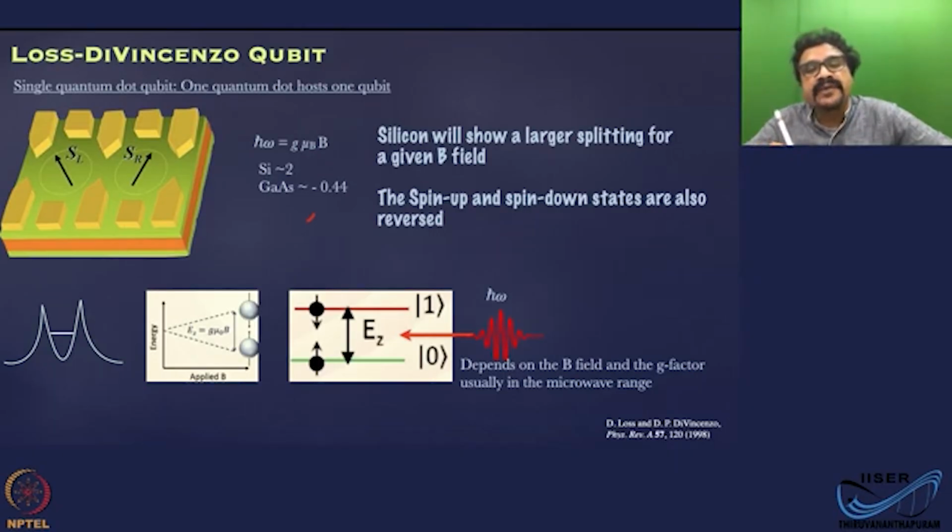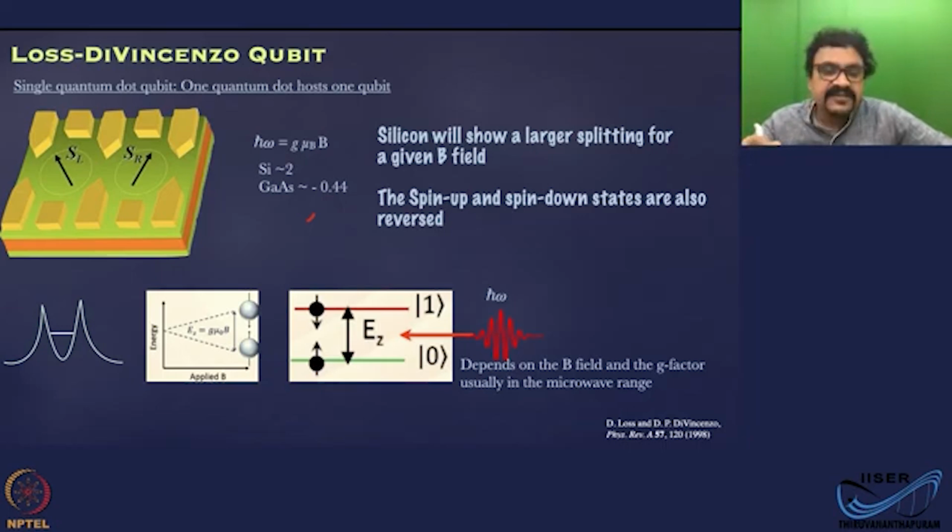And the interaction between these two states can be turned on by applying electromagnetic radiation of appropriate frequency, which is usually in the microwave range, h bar omega equal to g mu_B B. So you can turn on this interaction between these two.